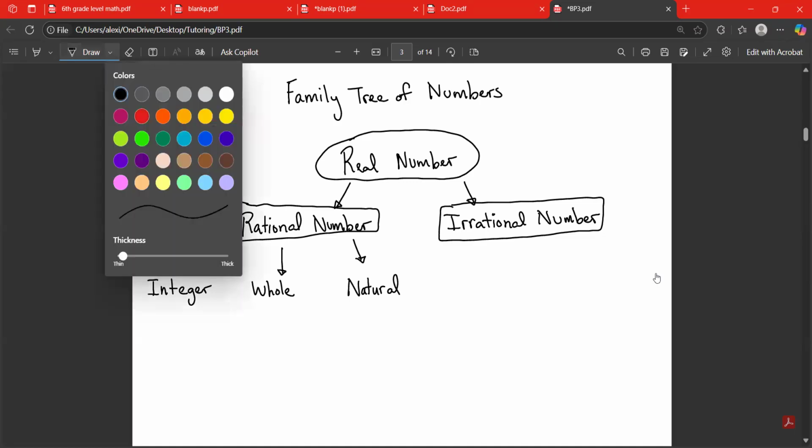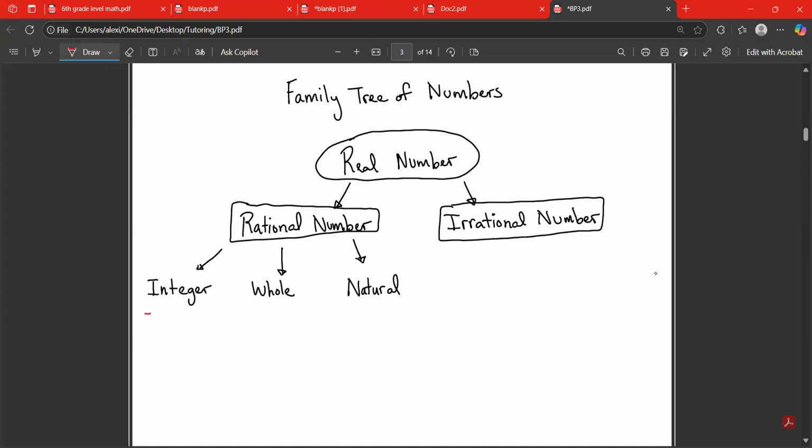Underneath it, we'll just write a few examples of each. -3, 0, and 9. 0, 1, and 8. And then, of course, start with 1 for natural numbers and just write a couple of whole numbers to go along with it.